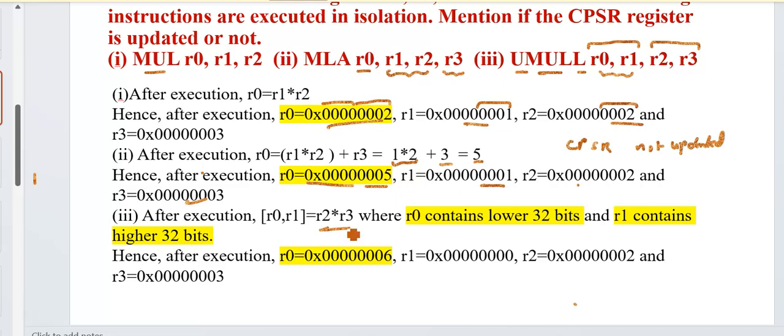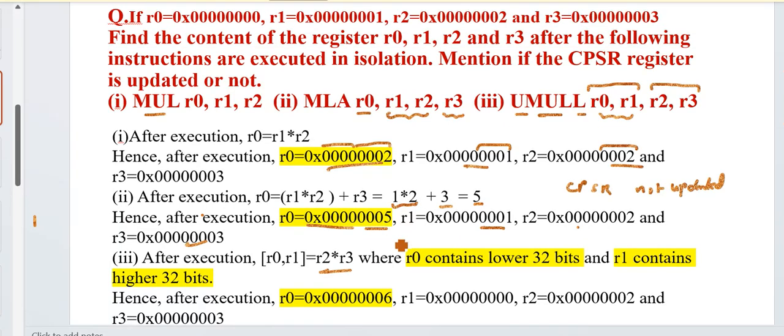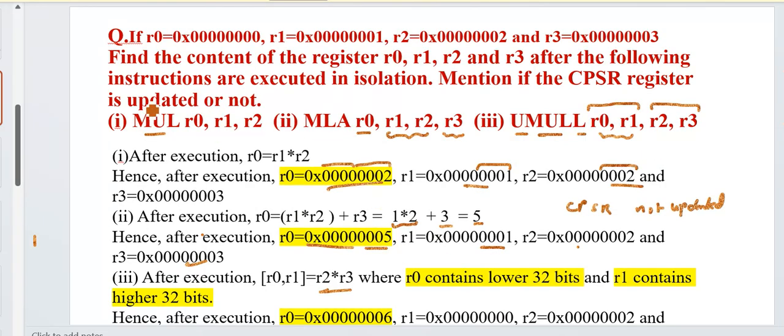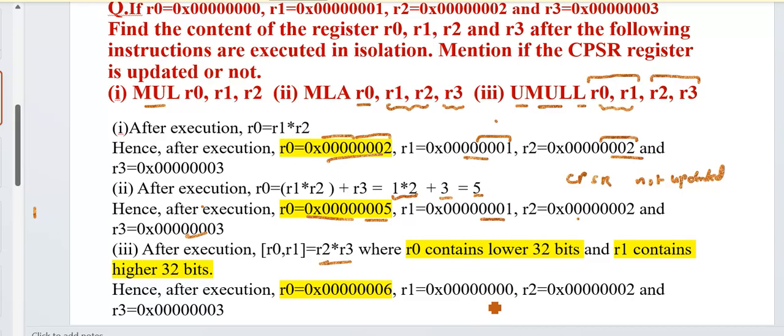In R2 we have 2 and in R3 we have 3. 3 into 2 is 6. This is a 32-bit by 32-bit multiplication, which results in 64 bits in total.